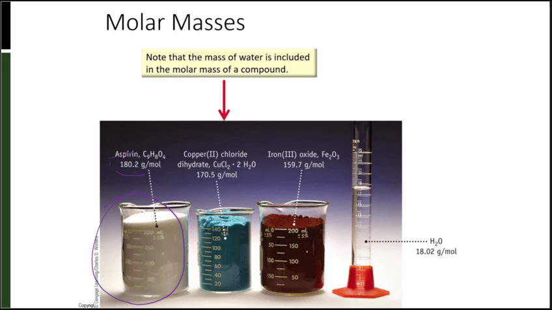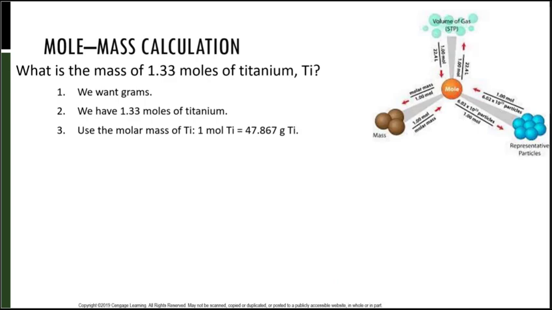Copper 2 chloride dihydrate, so adding up this molar mass would be 1 copper, 2 chlorines, 4 H's, and 2 O's, giving me 170.5 grams per mole. Iron 3 oxide, here's an example of 159.7 grams per mole for that compound. And water, H2O, 2 H's and 1 O, has a molar mass of 18.02 grams per mole.